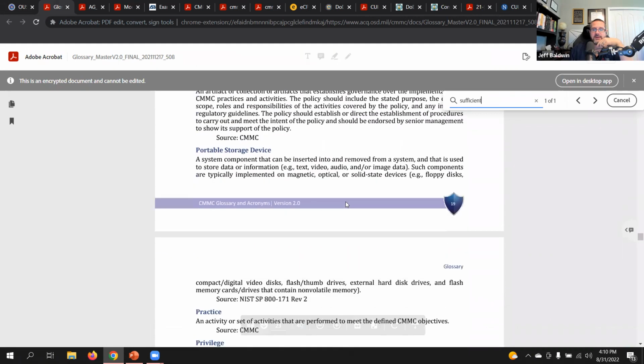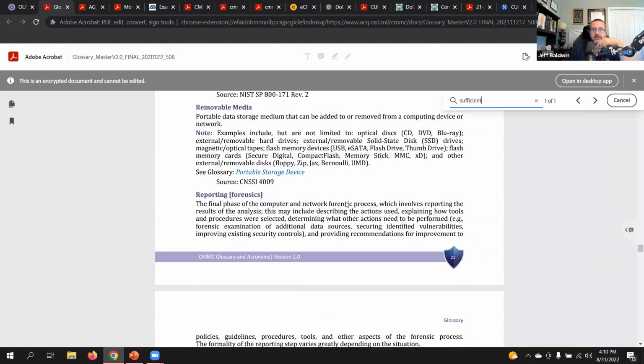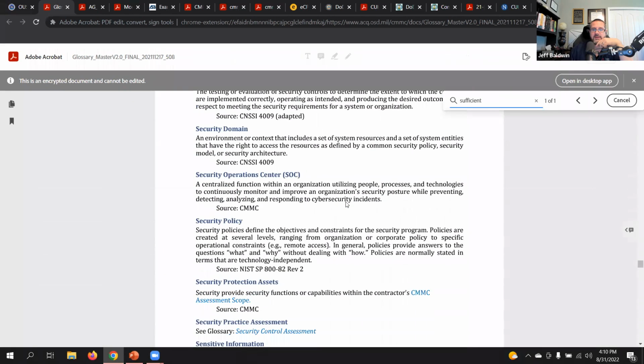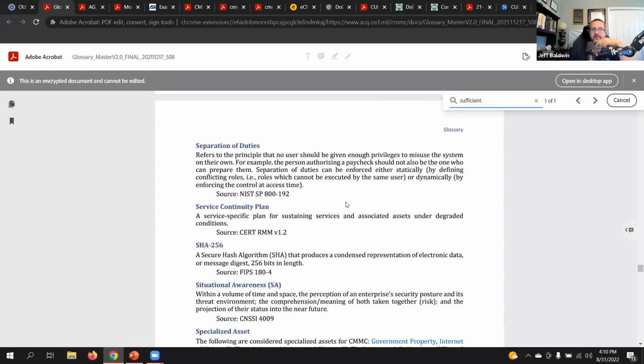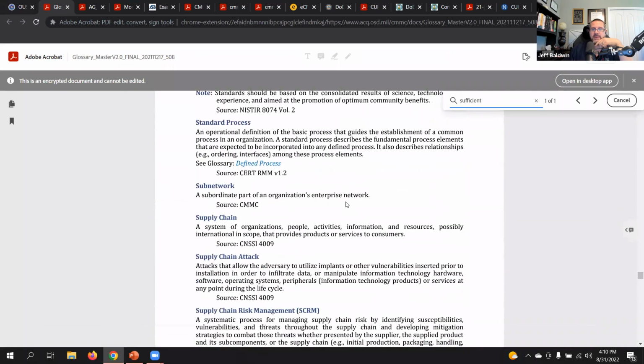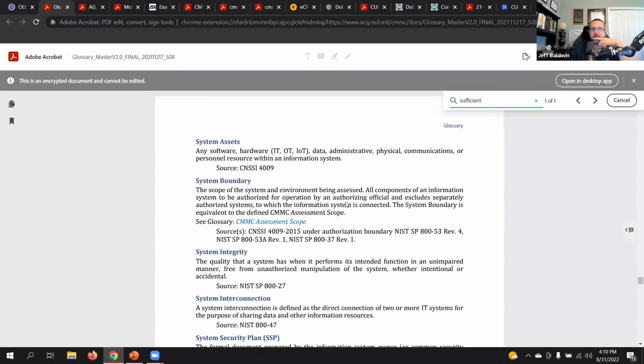So the two terms are sufficiency and adequacy. I don't want to mess up the definitions, but they don't appear to be here.